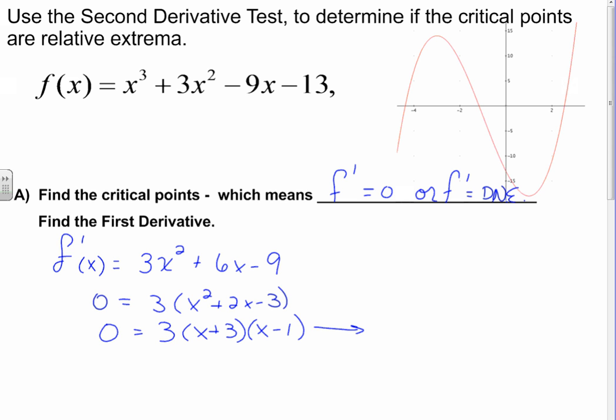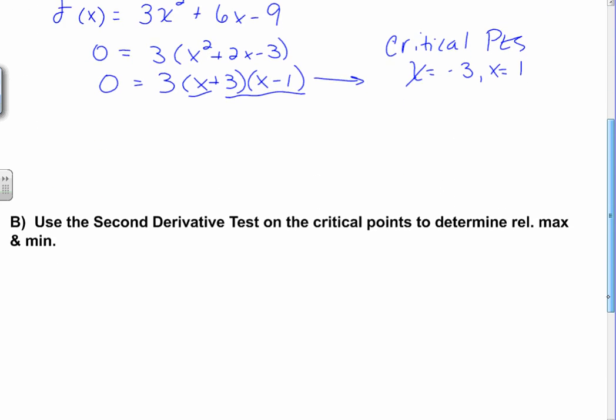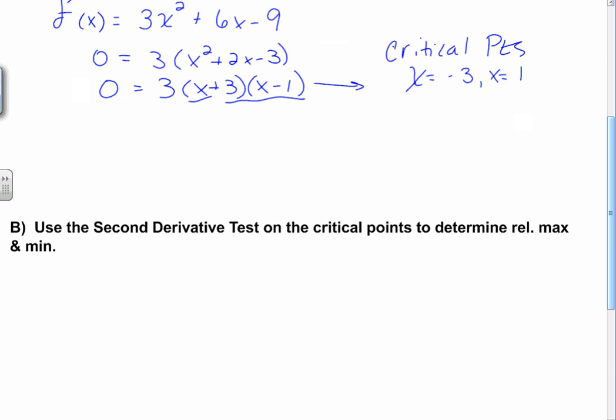From there, I can determine that I have 2 critical points. Those 2 critical points are located at x equals negative 3 and x equals 1, where our factors each turn to 0. Now let's take those critical points, x equals negative 3 and x equals 1, and run them into the second derivative test.